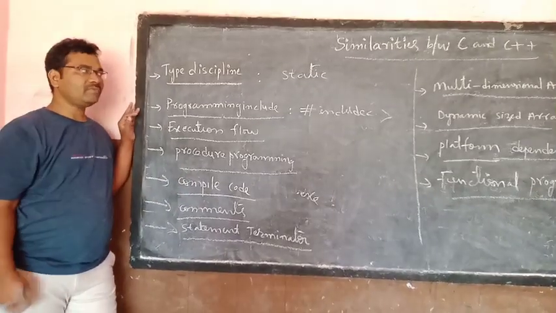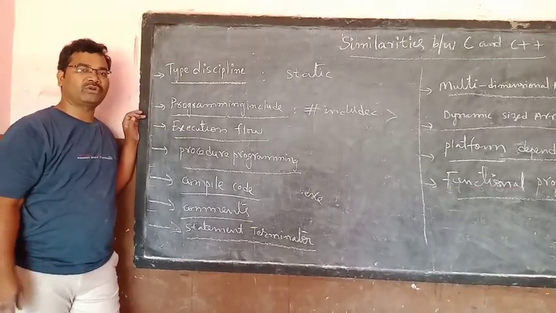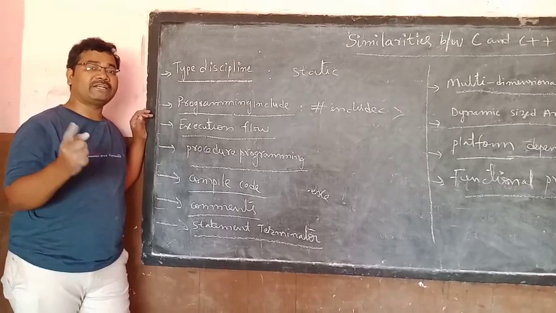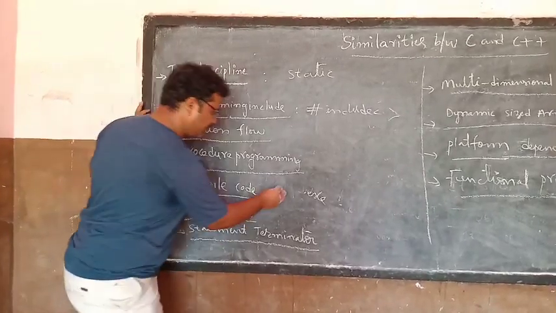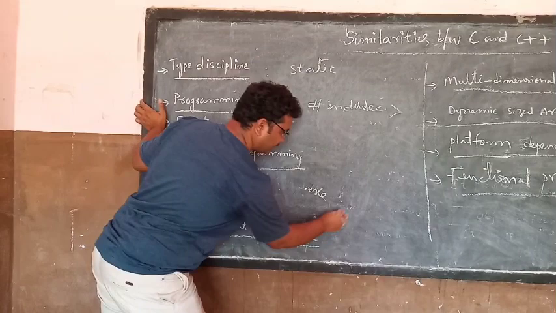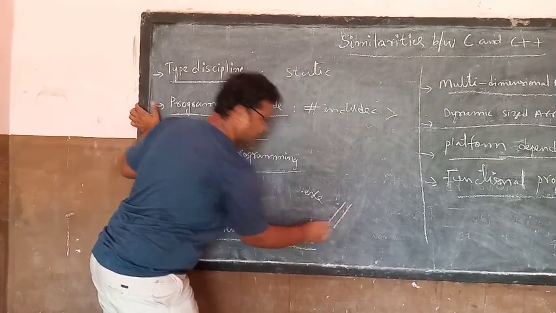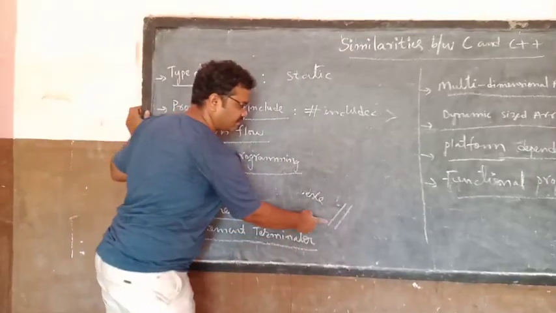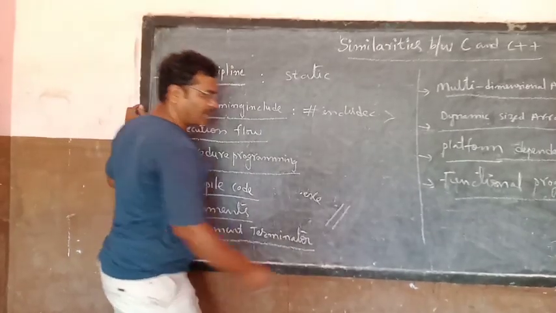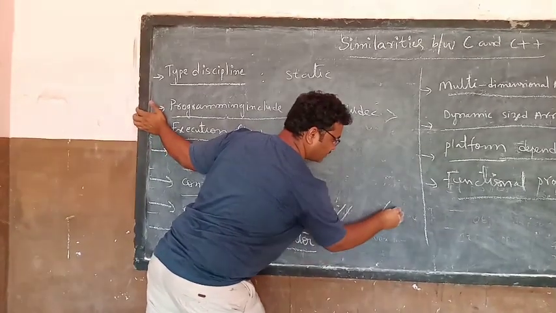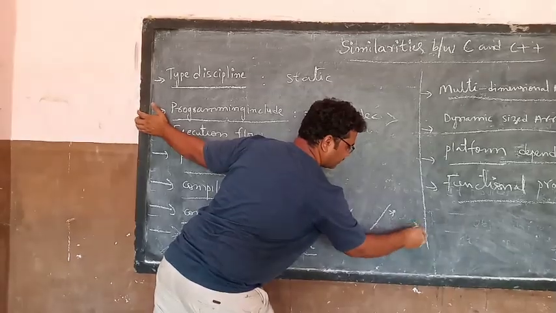Comments. C and C++ both support single line comment and multiple lines comment. The single line comment is represented by two forward slashes. Multiple lines comment is forward slash, asterisk, asterisk, forward slash.